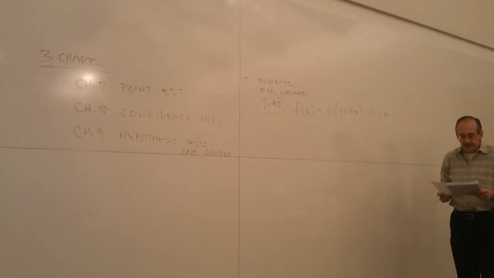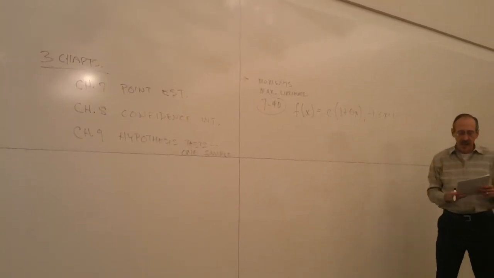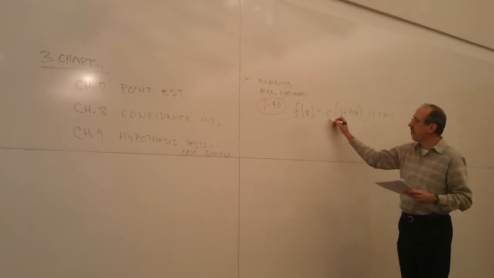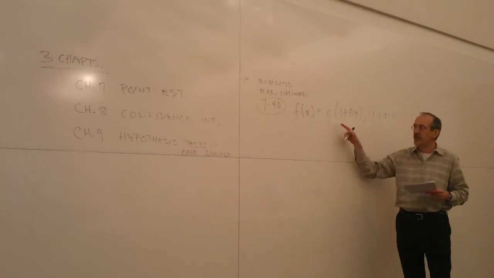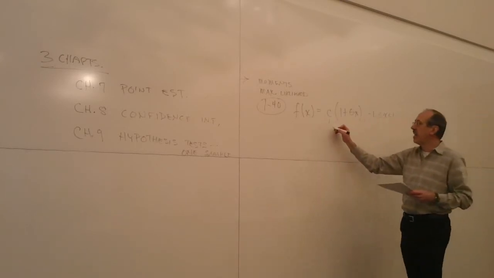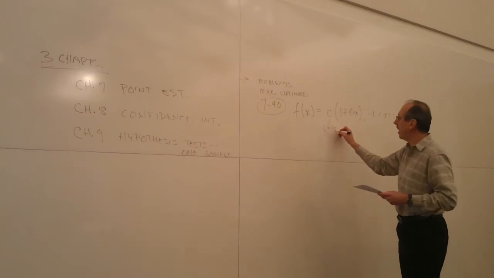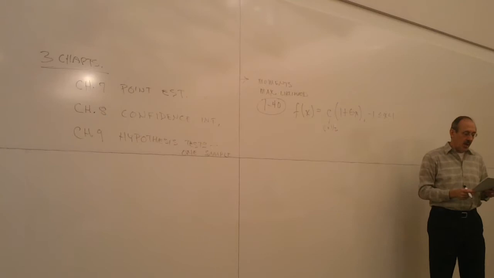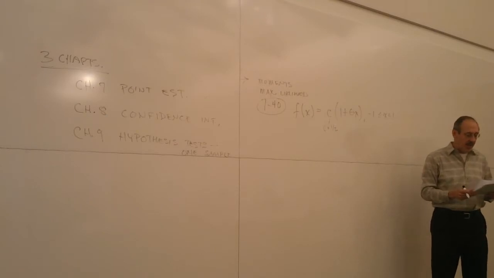And you're asked to, in part A, find the value of the constant c, which is real straightforward. We all know how to do that by now. You take the integral, set it equal to 1, solve for c, and you get that c is 1/2. So we'll just take that. Part B, what's the moment estimator for theta hat?